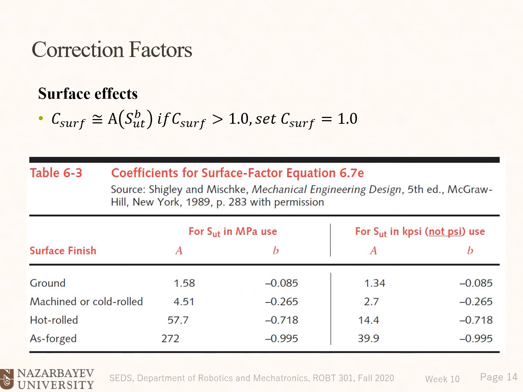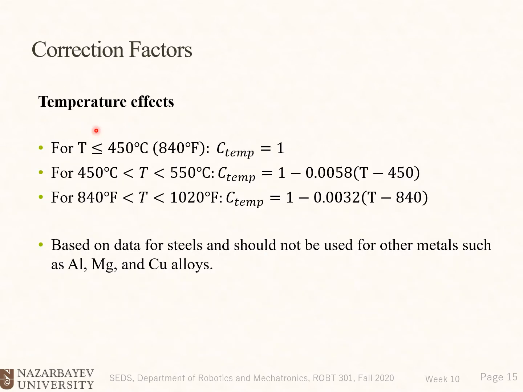Temperature effect. For temperature less than 450 degrees Celsius, C temperature is equal to 1. When temperature is between 450 and 550, then C temperature could be found by this formula. Or if the temperature is in Fahrenheit, then you could find C temperature by this formula.